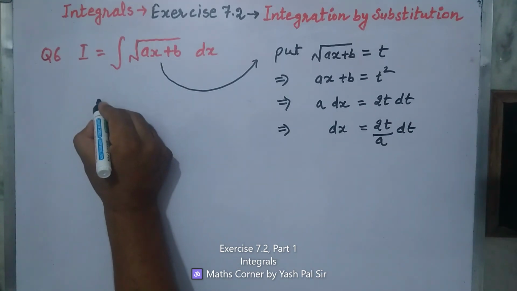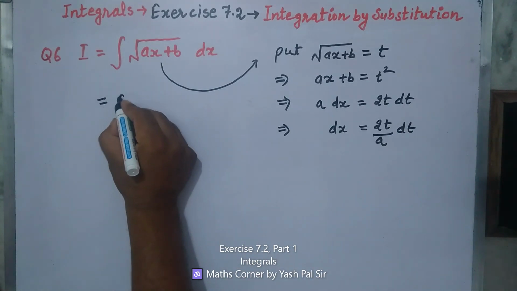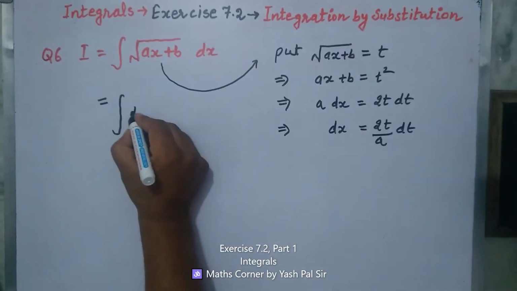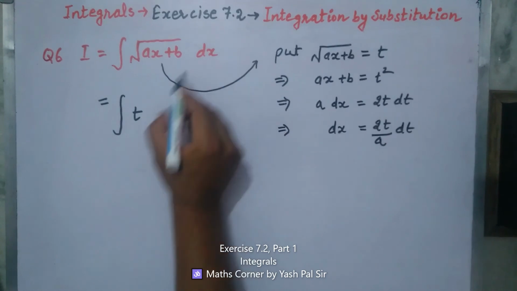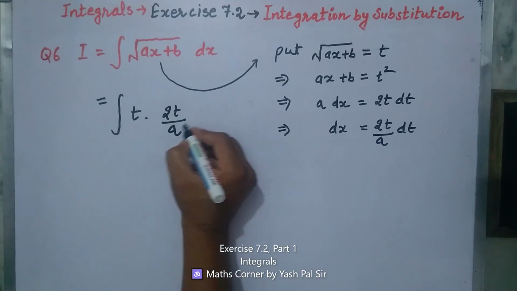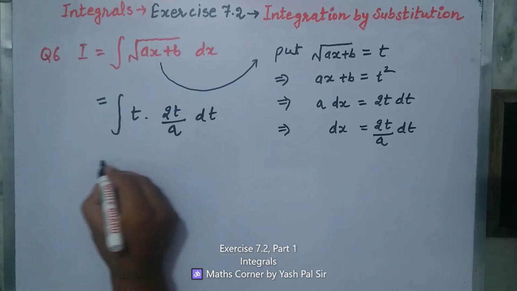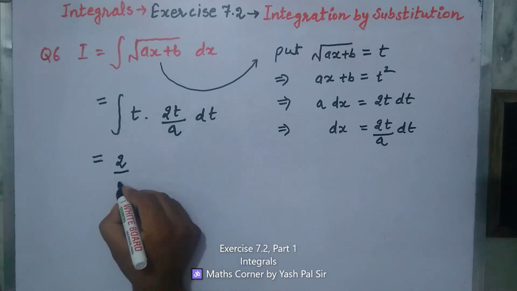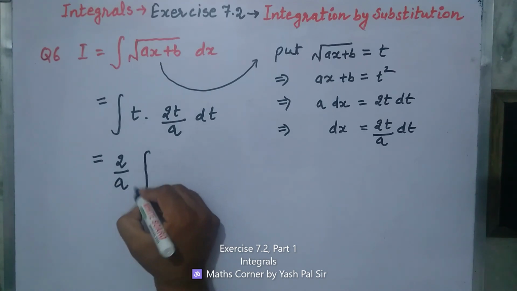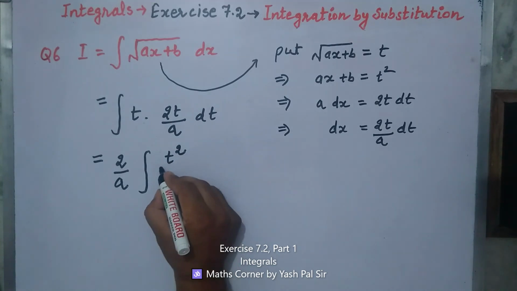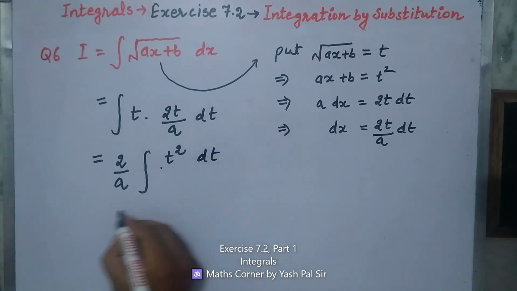This way now we have the integration, this whole term is considered equal to t into this dx, meaning 2t upon a into dt. So now what is there? This is equal to 2 upon a, which is the constant. So we are left with t into t, this is t square into dt. Now what is the integration of t square?